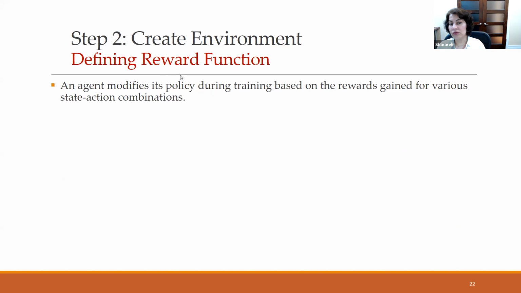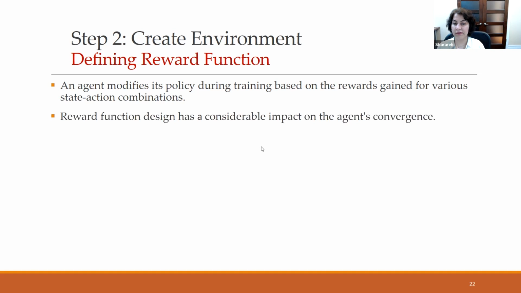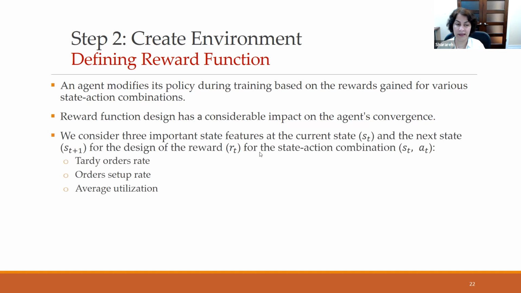We also need to define the reward function, because an agent modifies its policy during training based on the reward function for various state action combinations. So the reward function has a significant impact on the convergence of the agent.